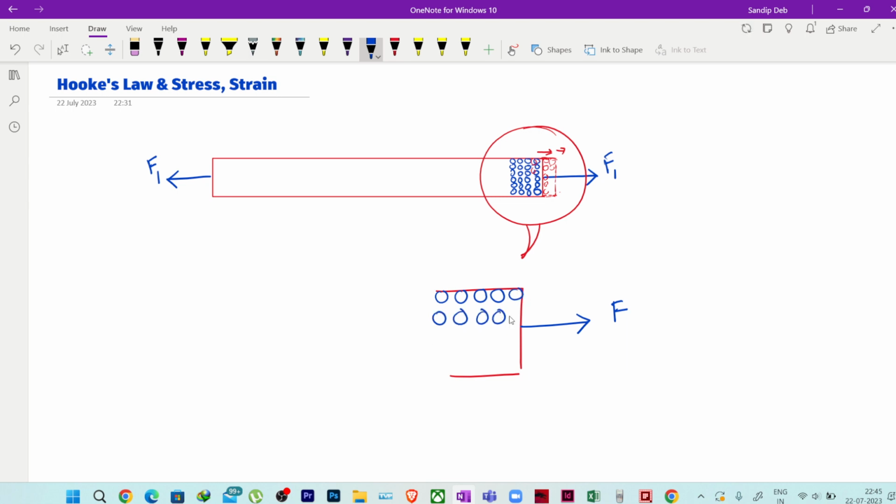Due to this applied force, what will happen? These molecules will start displacing like this.